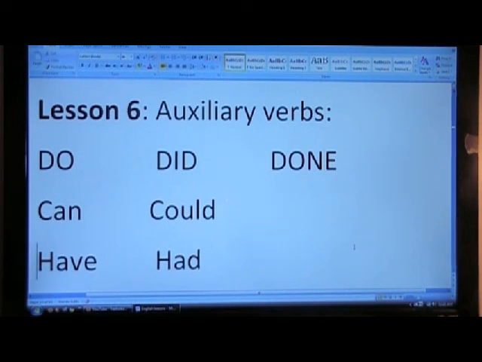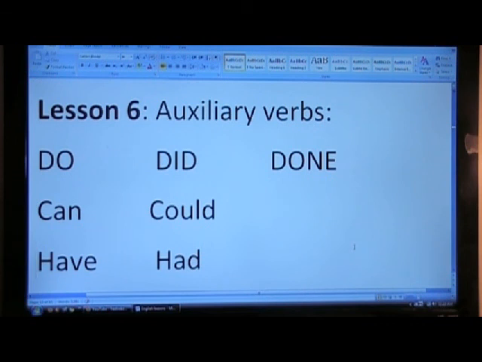Lesson 6. Auxiliary verbs. Some verbs we use in a different format in order to, for example, change a sentence from positive to negative or interrogative.